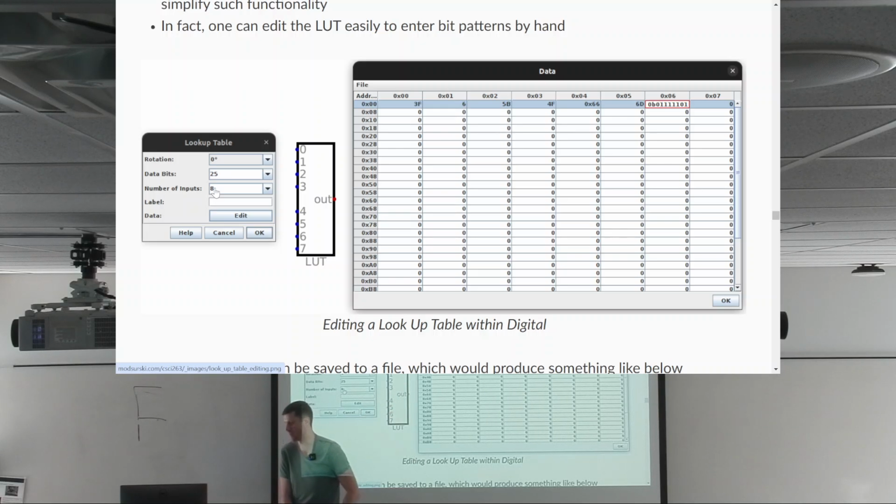Now at this stage, you're probably thinking to yourself, is that really better than building the programmable logic array? I have to go to each of these 256 things and type a 25-bit pattern. Really? Yeah, of course not. That's ridiculous. We're not going to do that either. Instead, let's just programmatically make this.